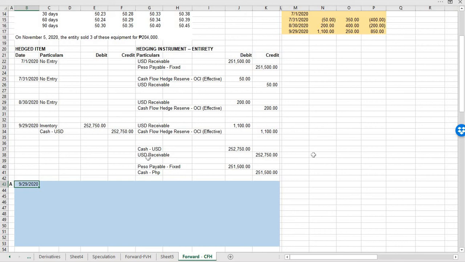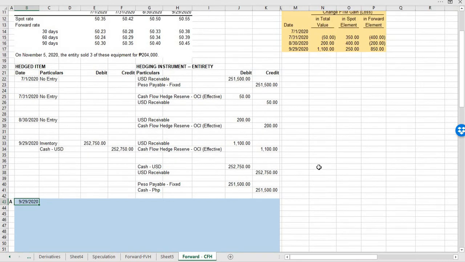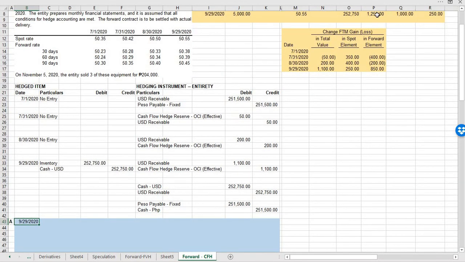So, gawin natin. On this date, sabi natin, ang ating cash flow hedge reserve has a balance of 1,250 pesos. And that is a credit balance. So, siya daw ay gain.